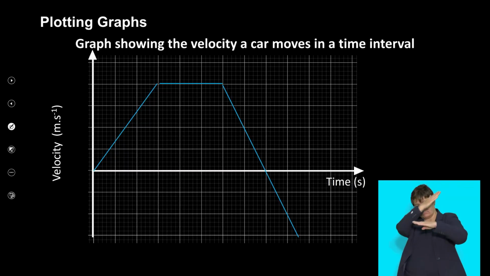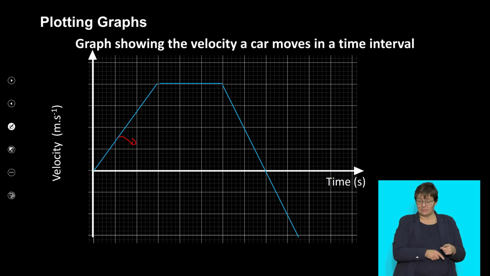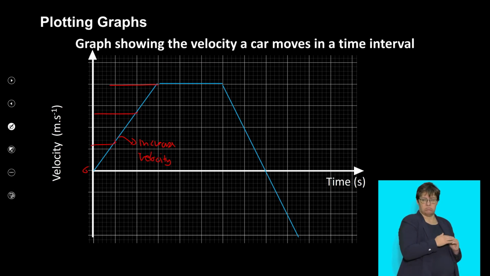So have a look at this graph. We've seen one like this before. What's it telling us? Because we've got a number of features. Notice this one is telling us that this is increasing velocity. So the velocity originally was 0, and in time, it's getting more and more and more.